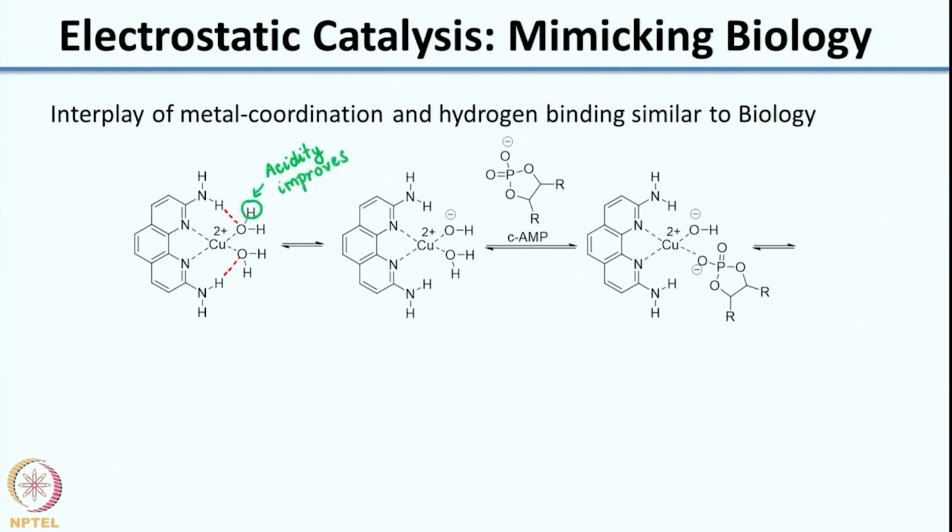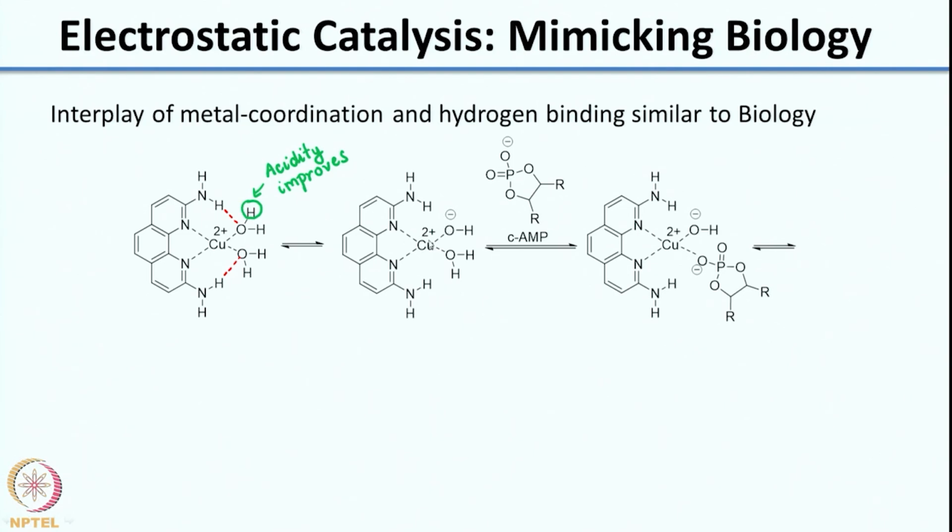So if you just take a metal complexing with water, the pKa of water will change just because of complexation with this metal center. So now because its acidity improves, this bond can cleave more easily as compared to just the dissociation of water to give you OH minus. So here you generate the OH minus, and here again you have the O minus coordinating with the copper, alright.